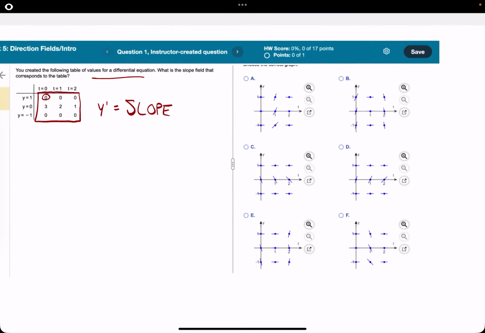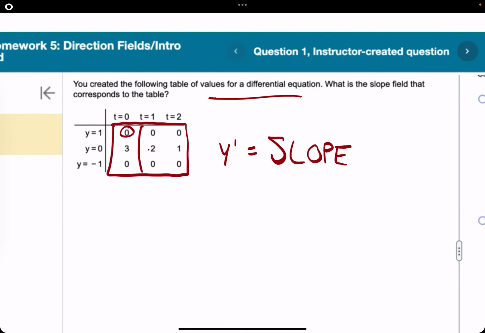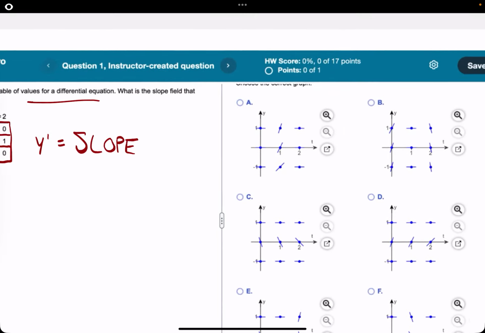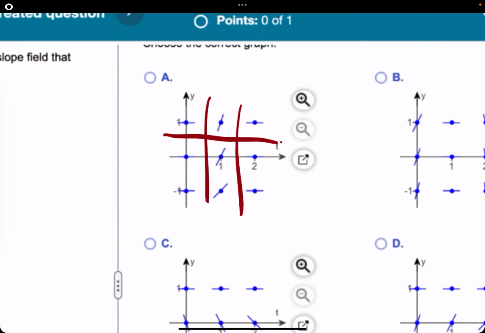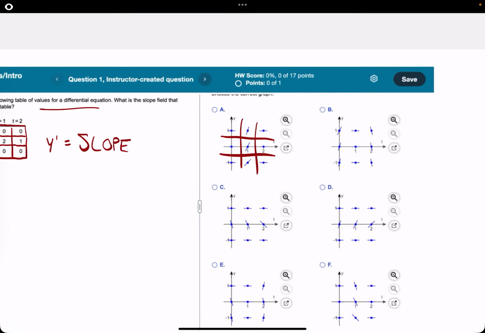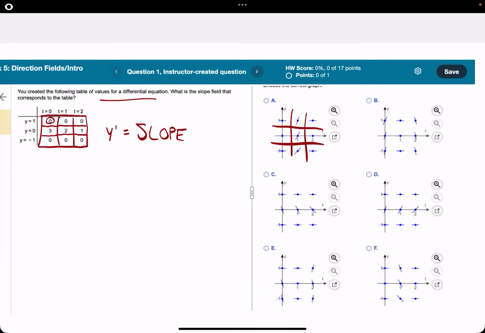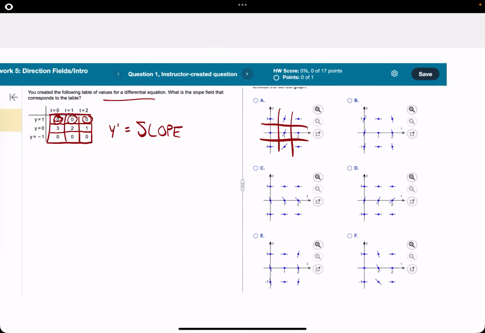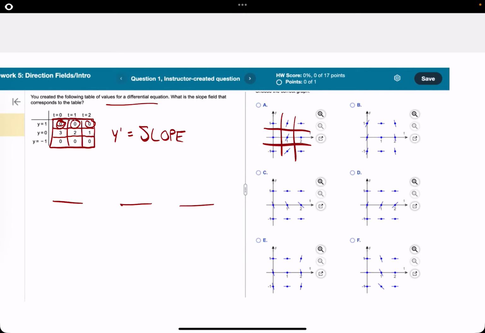One other thing I want to say is this array of y prime values or slope values should match up accurately to this array of slope field lines. So we should see a slope of 0, 0, 0 across the top, meaning bam, bam, bam, all flat slopes. These aren't all flat slopes at the top, but these are, and these are, and none of these are.